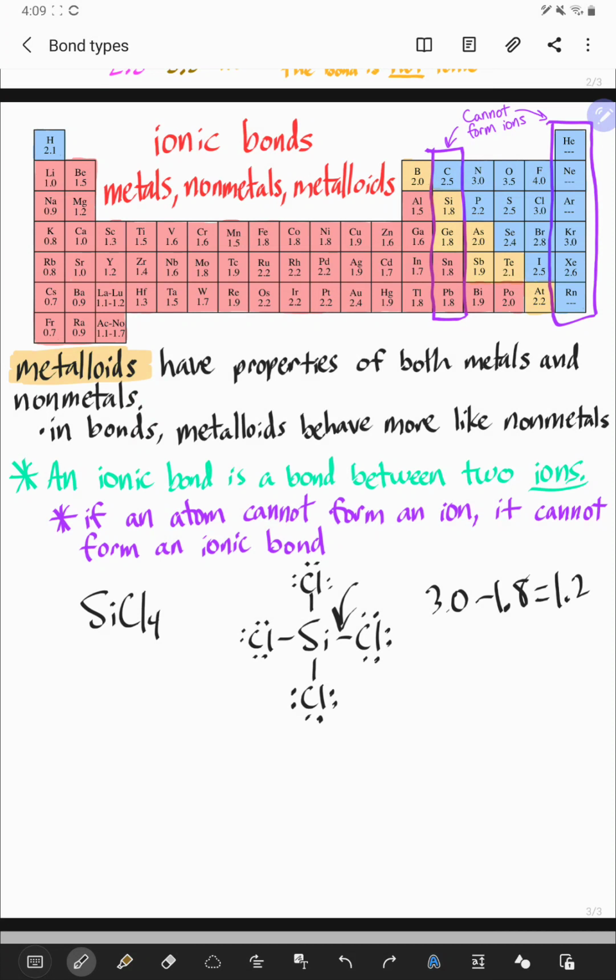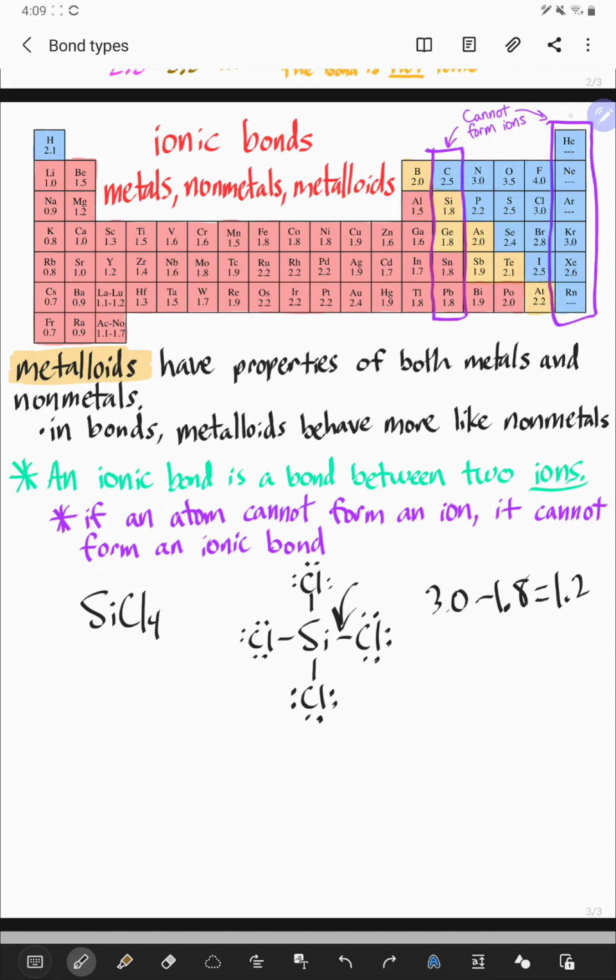Ionic bonds are made up of an ion bonded to another ion. You might recall that we talked about certain elements that do not form ions. Maybe I should have used the term "do not" instead of "cannot." You can make anything happen in a lab, but these do not typically form ions.